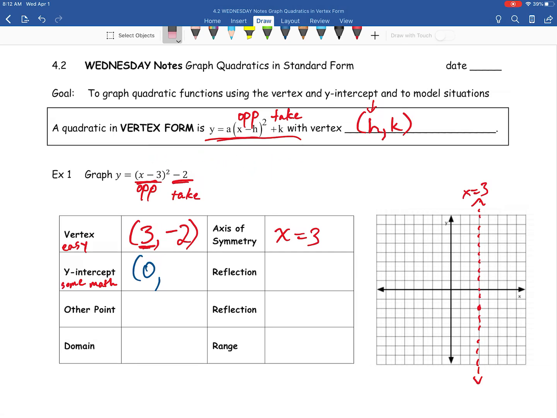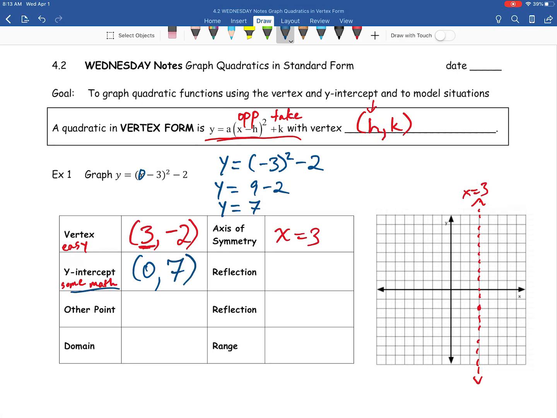Whereas for vertex form, we actually have to find out what that value comes out to be by plugging 0 in for x. When we do that, we end up with y equals 0 minus 3, which is negative 3, squared, minus 2. Negative 3 squared gives us 9 minus 2. So that y value comes out to be 7. That's what I mean by you have to do a little bit of math.